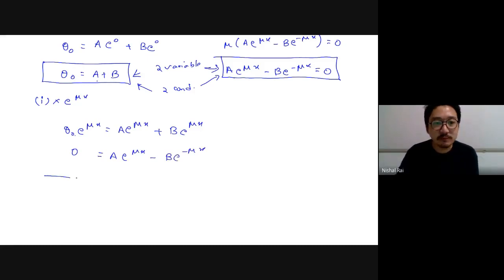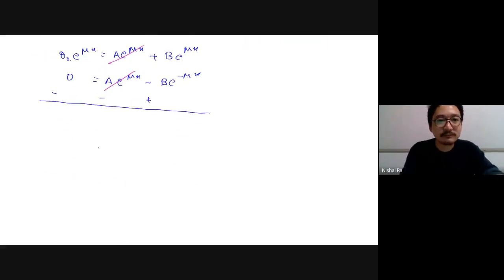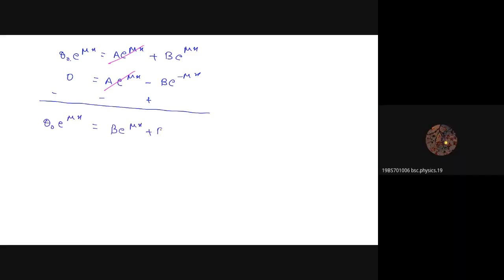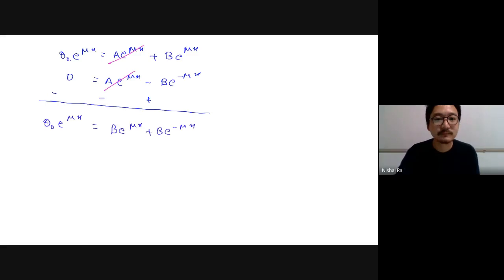Now can we subtract these two? After subtracting these two, what will we get? The A terms will cancel out, and we'll end up with theta naught e to the power mu x equal to how much? B e to the power mu x plus B e to the power negative mu x. Or B times e to the power mu x plus e to the power negative mu x should be how much?